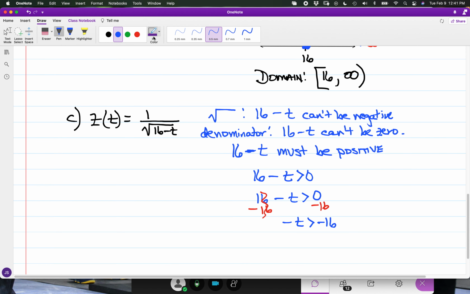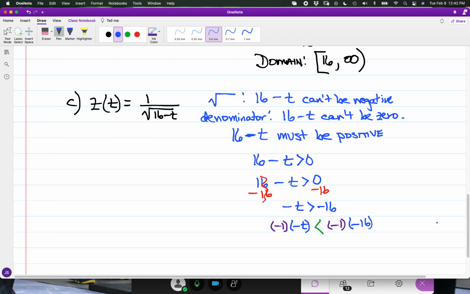And a bit of history repeating: we're undoing the negative, either multiplying or dividing by negative 1, so we change the direction of the inequality, going from greater than to less than. And so we have that t is less than 16.